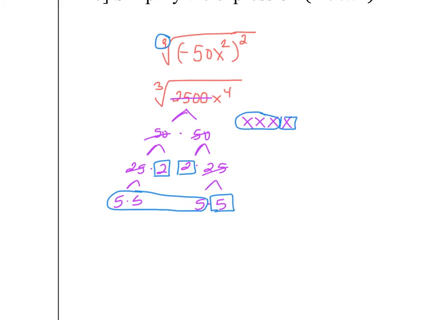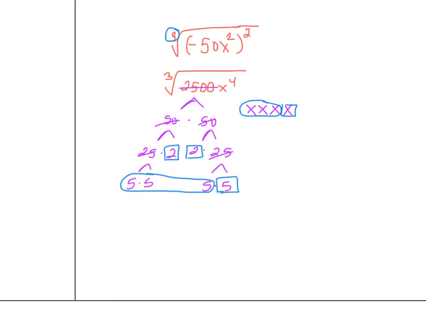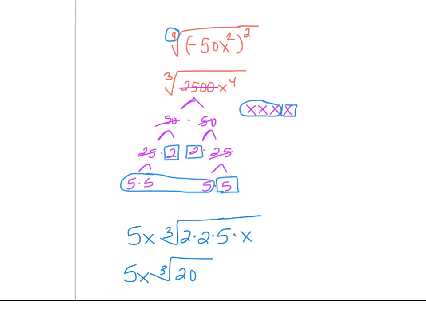So the grouped things are going to go outside, so that means I have 1 5 on the outside and 1 x on the outside. Cube root of, I have 2 2's left underneath, 1 5 left underneath, and 1 x left underneath. So 5x times the cube root of 2 times 2 makes 4, 4 times 5 makes 20x.